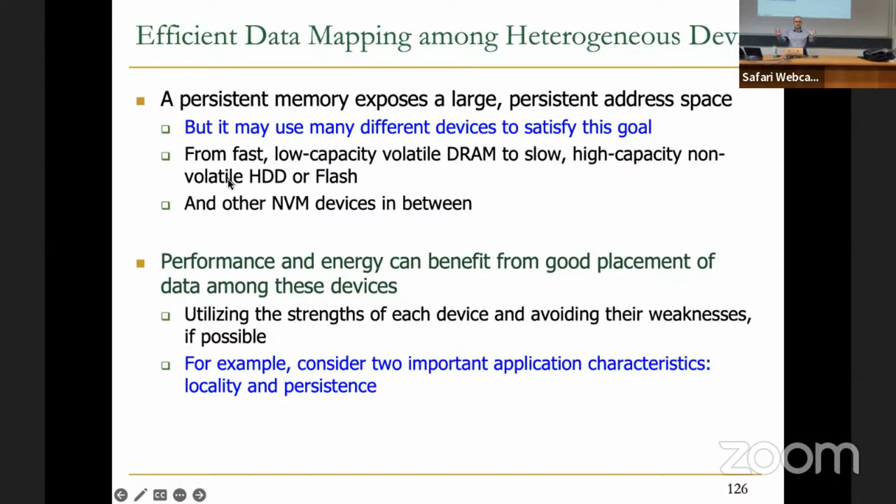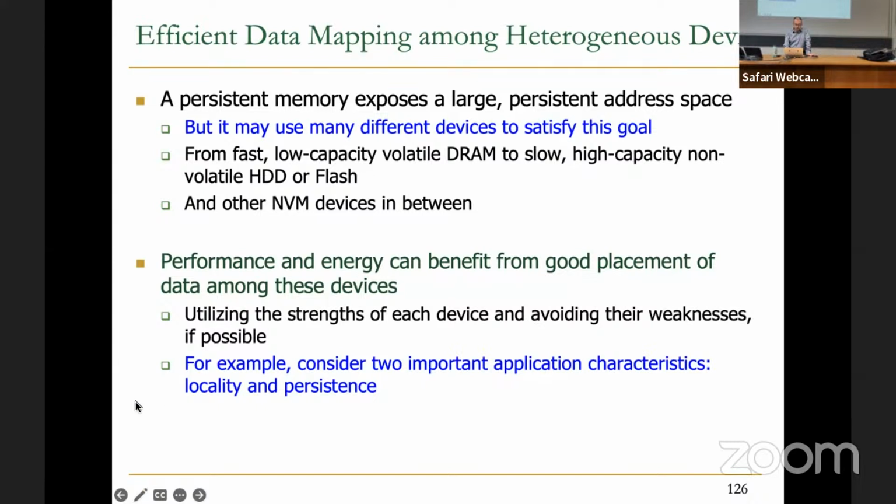So you have different memory technologies or storage devices that you can manage nicely, and there are also other NVM devices in between. Performance and energy can benefit from good placement of data among these devices. That's why you really need to learn from these hints and map your data nicely, utilizing the strengths of each device and avoiding their weaknesses if possible.